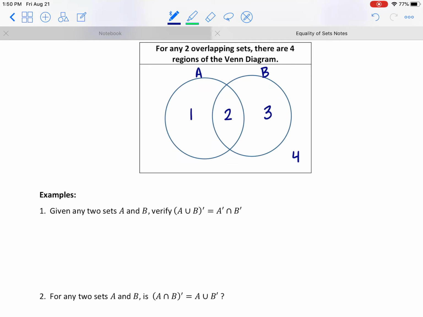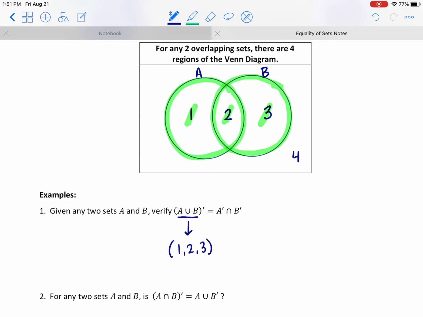So two operations inside the parentheses first. Let's figure out what we have in that union. So if we were to unite A and B, what regions of the Venn diagram are we looking at? Well, if I was to unite A with B, no matter what elements were in there, I would be looking at the elements that are in regions 1, 2, and 3. So this is going to lead us to 1, 2, and 3.